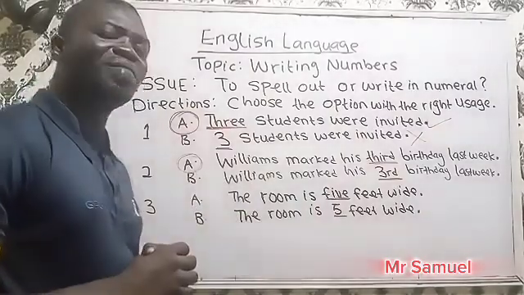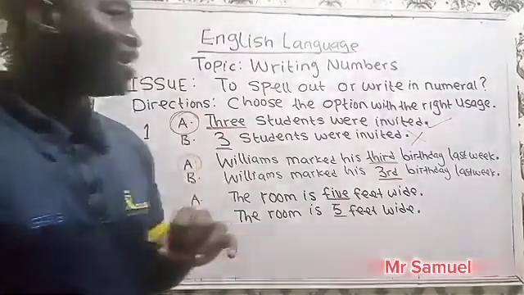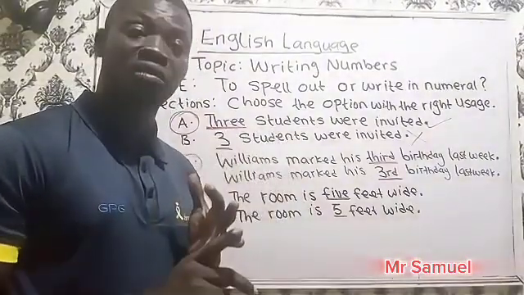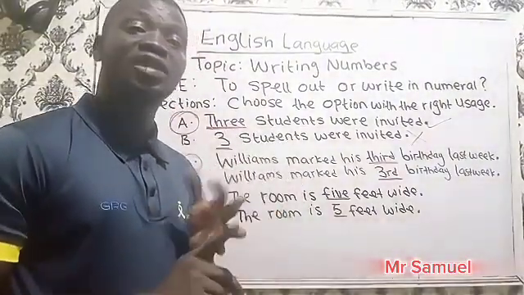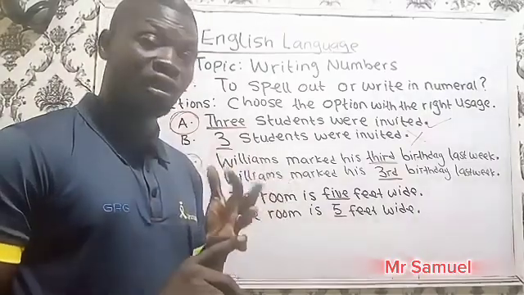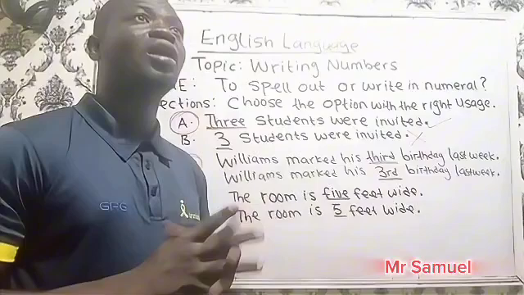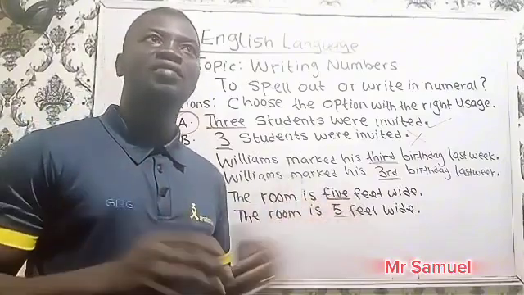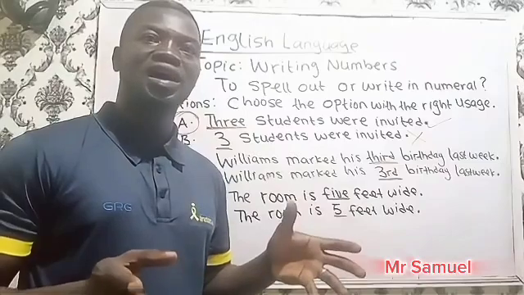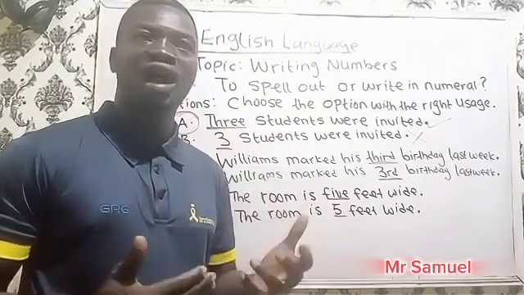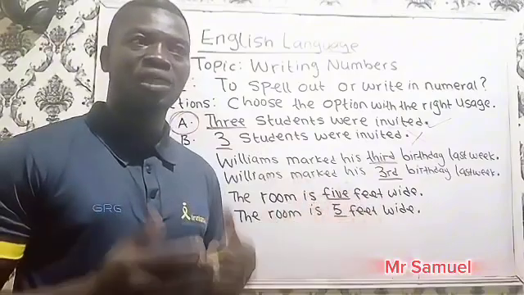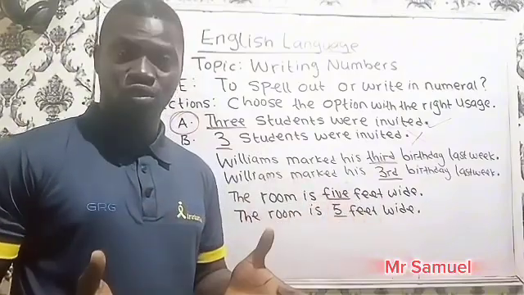Now, what is it you need to learn about that? Standard English says that if you're talking about a birthday or anniversary, you have to write in words. For example, I've been married for 4 years, so I could say, my wife and I marked our fourth wedding anniversary last week.